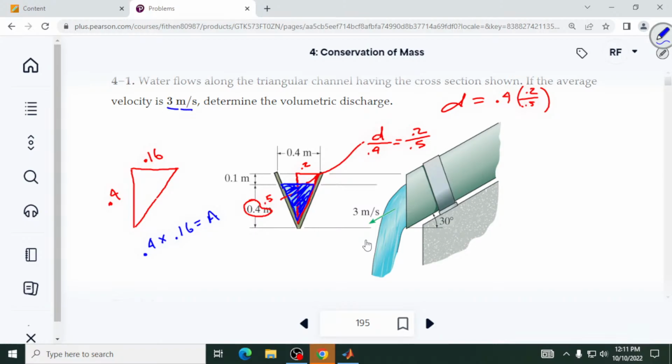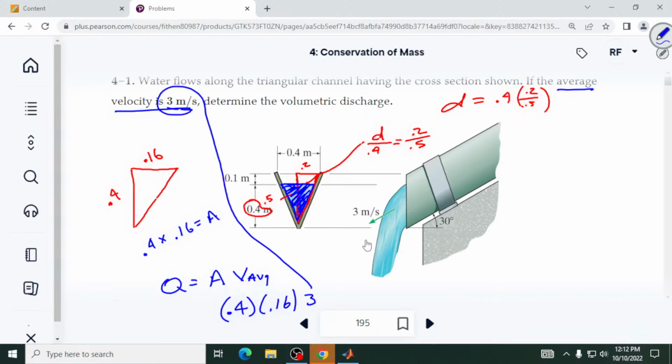Now he says the velocity average is 3, so the volumetric flow rate is the area times the velocity average, or 0.4, 0.16, and 3. So these problems aren't terribly different or terribly difficult.